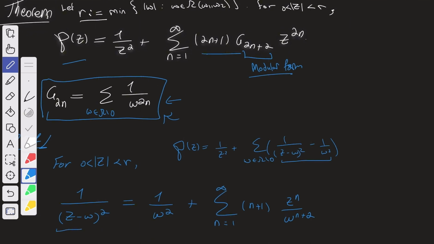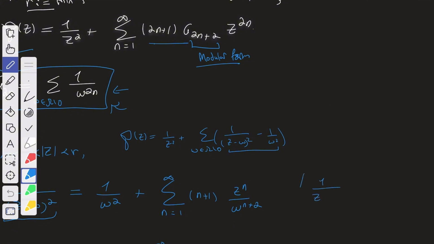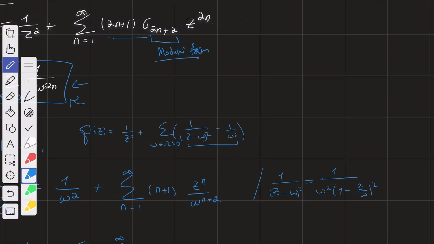We can easily find this because this term, 1 over (z minus omega) squared, we can rewrite it. Let me just justify the equality here. If we take omega out, this is going to be 1 over omega squared times 1 over (1 minus z over omega) squared, right?